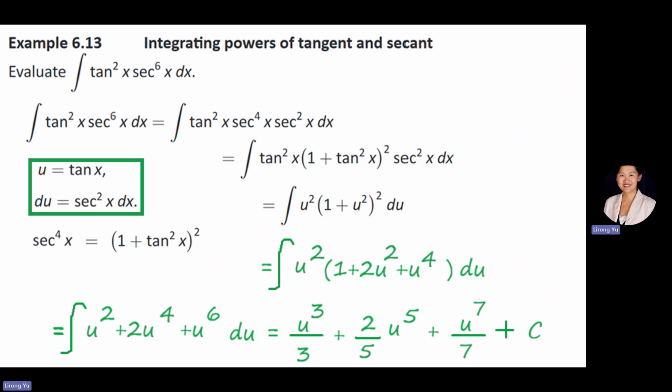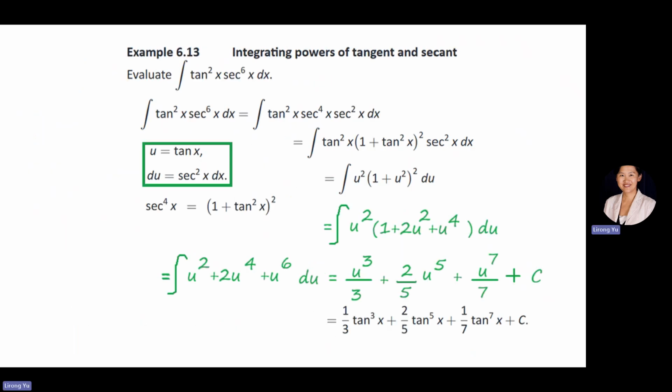When you integrate a power function, you raise the power, and you also have to divide by the new power. Any questions? From there, we have to revert back to the original variable. That was the final answer in the book, but it didn't have a lot of the middle steps.